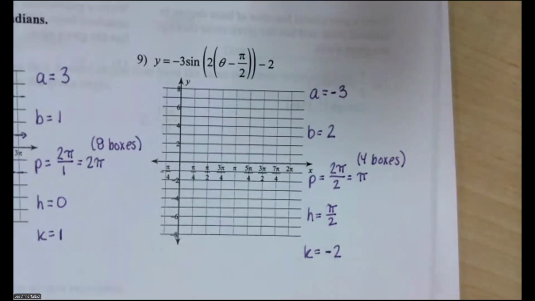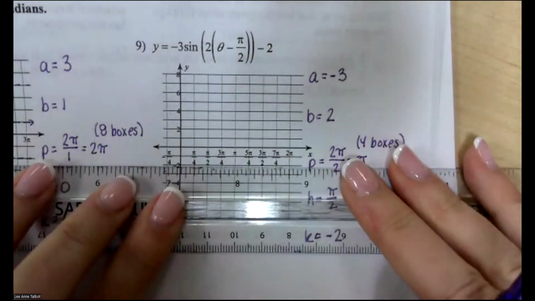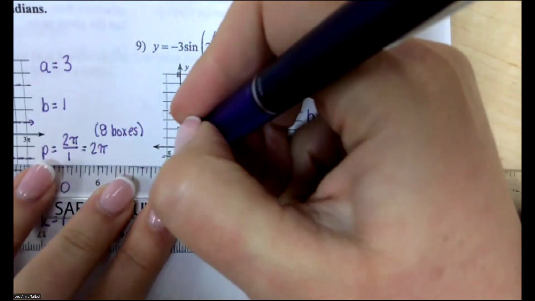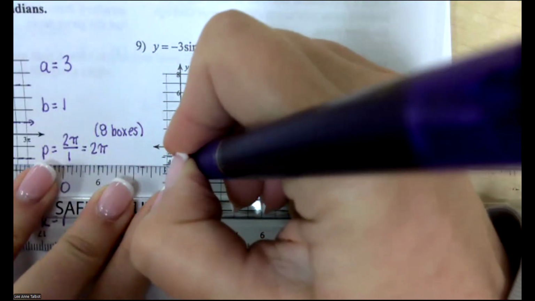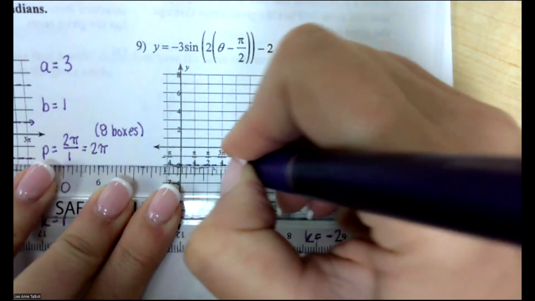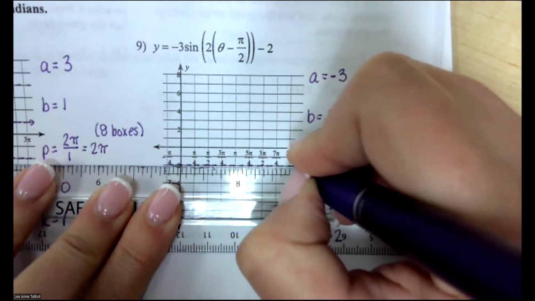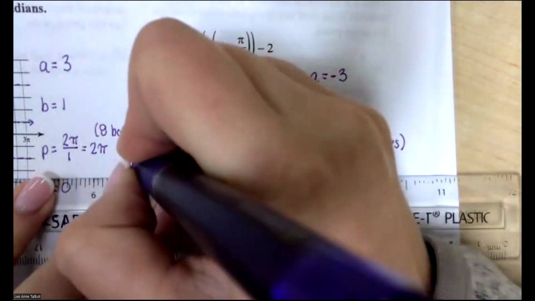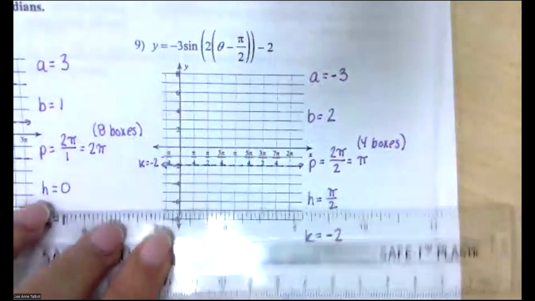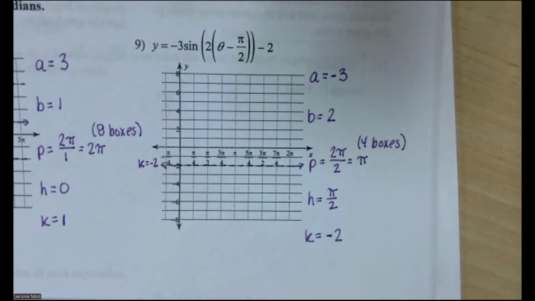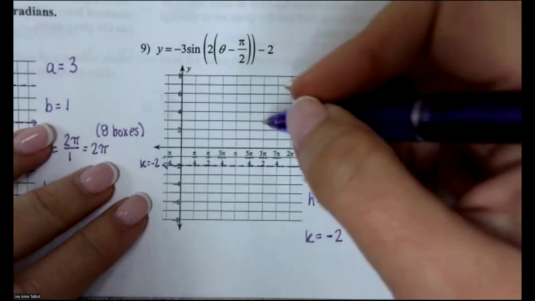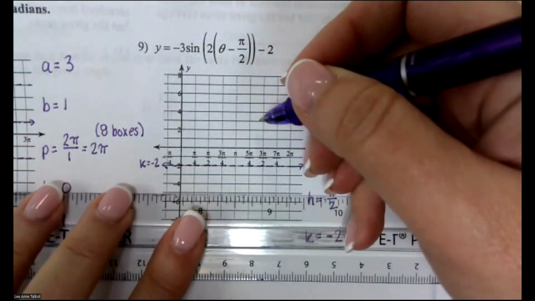Okay, start with the midline. -2. Amplitude is -3. Don't let that bother you.